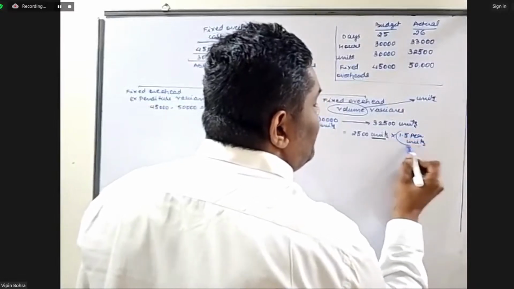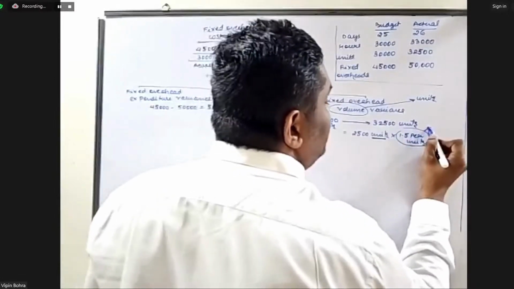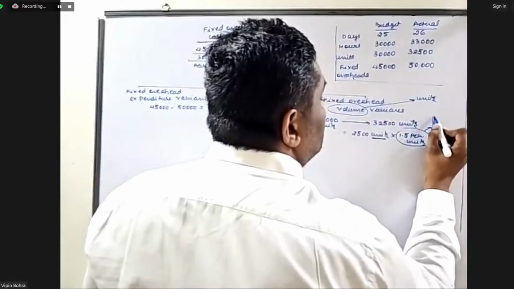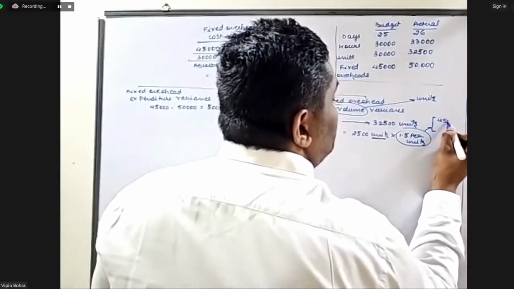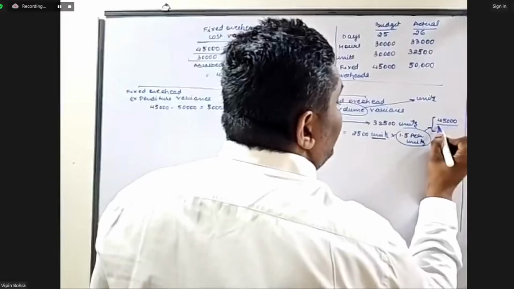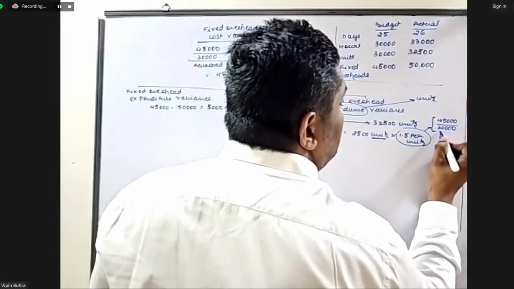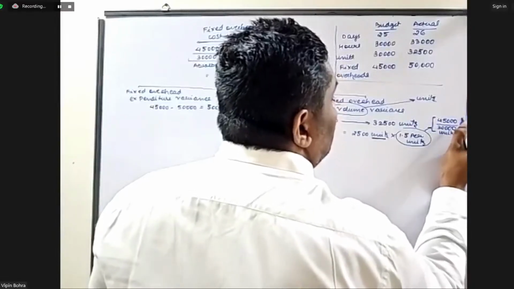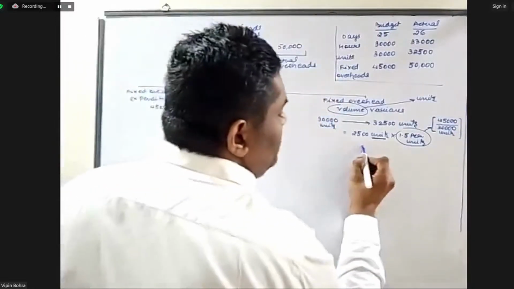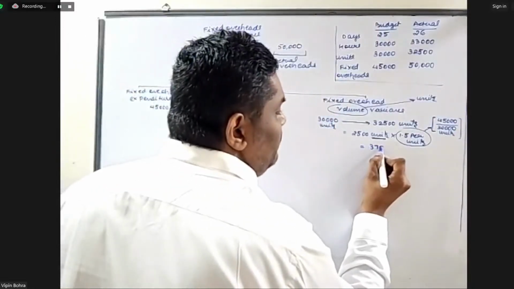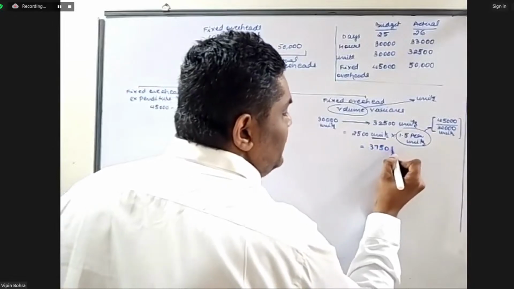I repeat again, how come 1.5 per unit? Very simple, guys. 45,000 overheads divided by 30,000 units. So this will be 3,750, very big favorable.